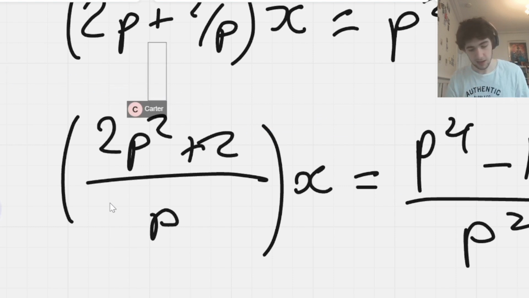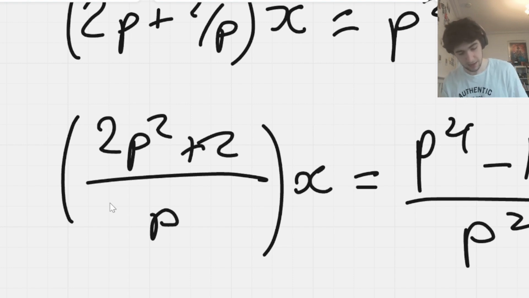And so then that gives me this multiplied by p divided by p squared. So I end up getting p squared minus 1 divided by 2p. And so this is a 2p, and so this p also cancels out. And I get something a lot nicer.